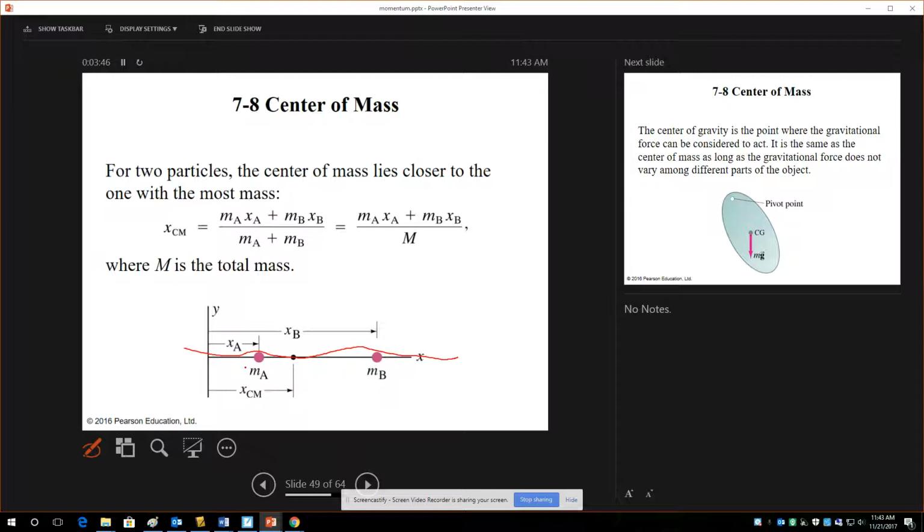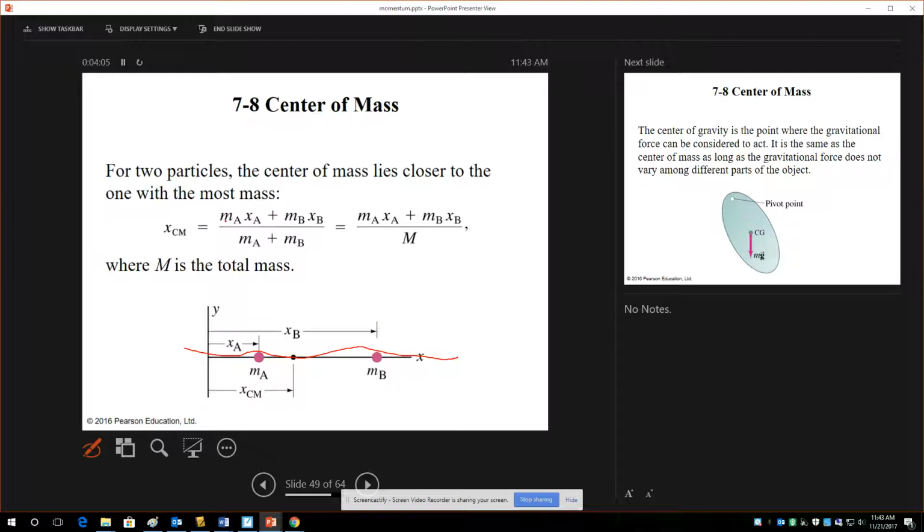I look from left to right and I see where each particle is. Object A with mass m_A is at its position x_A. Object B with mass m_B is at position x_B.